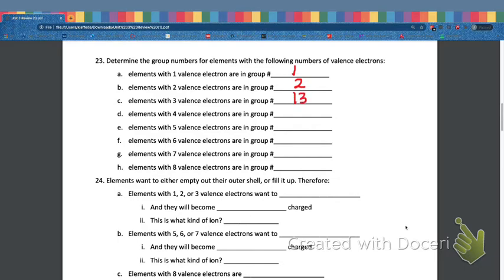The old school way was to label it 3, Roman numeral 3A. Okay, and if you have that kind of labeling on your periodic table, that can sometimes be a little bit of a help because the Roman numeral tells you the number of valence electrons. But 4 valence electrons are in group 14.